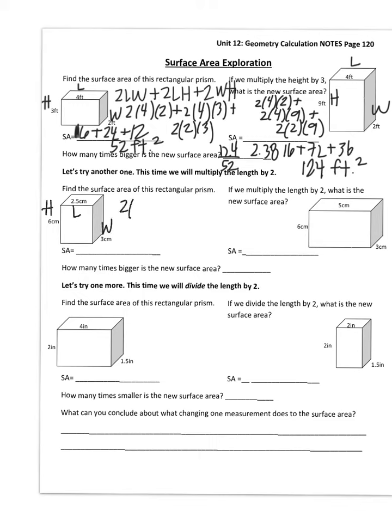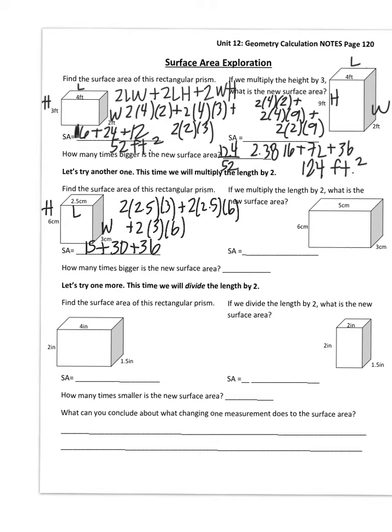So 2 times L, so 2 times 2.5 times 3 plus 2 times 2.5 times 6 plus 2 times 3 times 6. 2 times 2.5 is 5, 5 times 3 is 15, 5 times 6 is 30, then we get 6 times 6, which is 36.